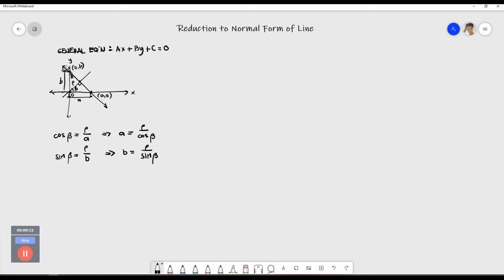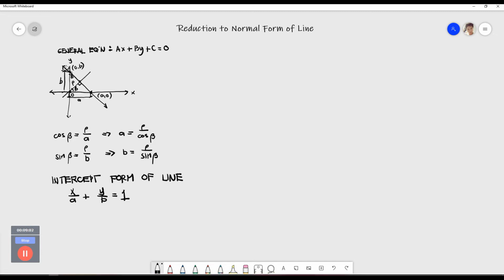Again, we know that the intercept form of the line is x over a plus y over b is equal to 1.